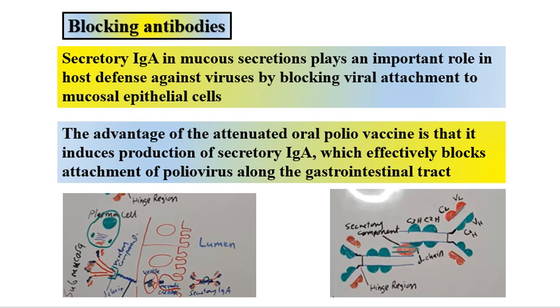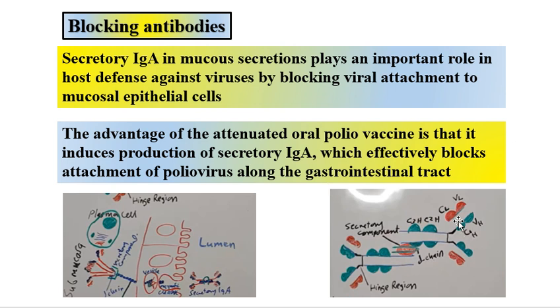These antibodies interfere with virus attachment to the mucosal epithelial cells. From here we know the advantage of the attenuated oral polio vaccine is that it induces protection by secretory IgA, which effectively blocks attachment of polio virus along the gastrointestinal tract.